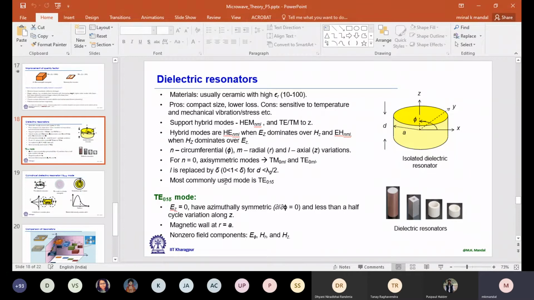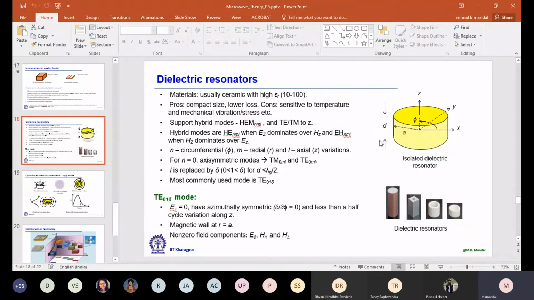So we represent it by delta. For example, the most used mode is the TE01 delta mode. What does that mean? N equal to 0, we don't have any phi variation. Then along the radius we have one variation, and along its height Z, its length is smaller than lambda g by 2.